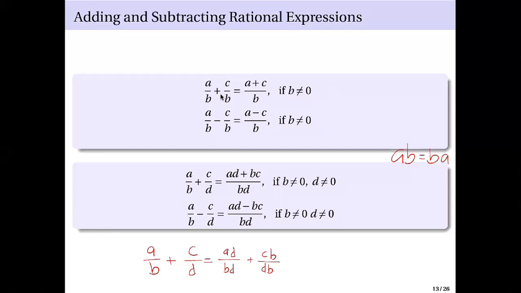Okay, so this one, the same denominator. Therefore, you can just copy the denominator, BD, and then you just add the numerators. So you have your AD plus CB, and you can use, again, this one here to get your BC.